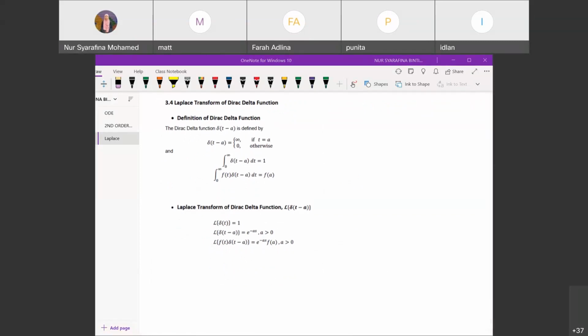Okay, so now for the Dirac delta function, this is another special function other than the unit step function. The difference between the Dirac delta function and the unit step function is only the range.